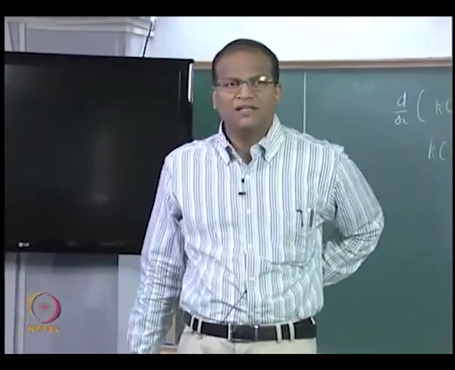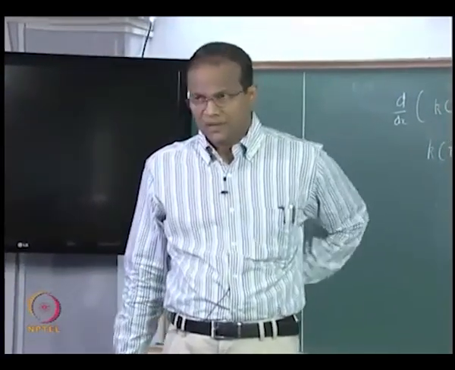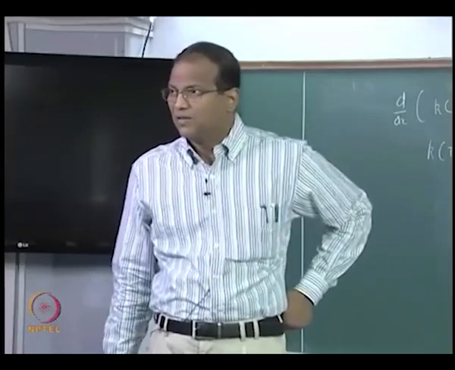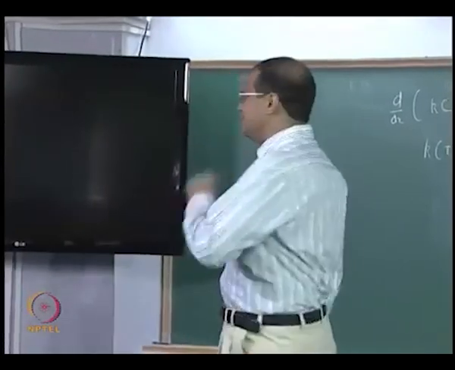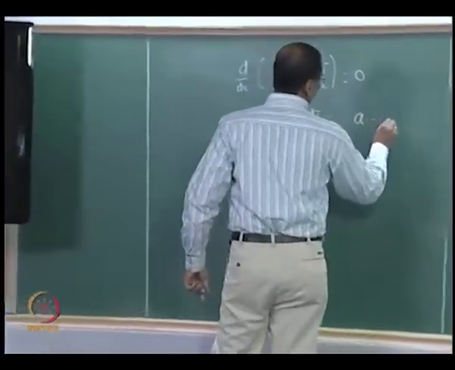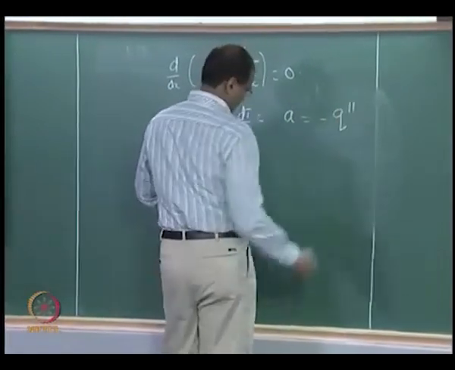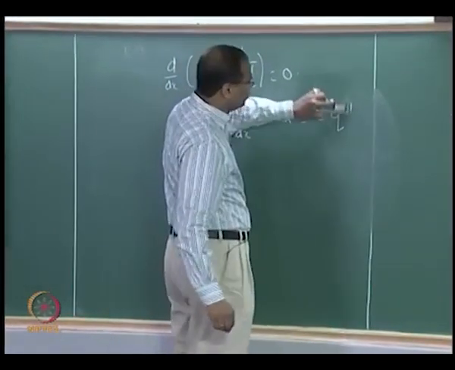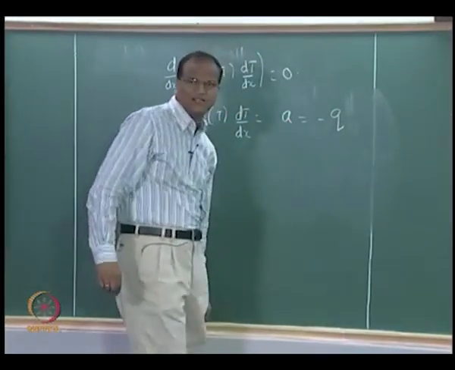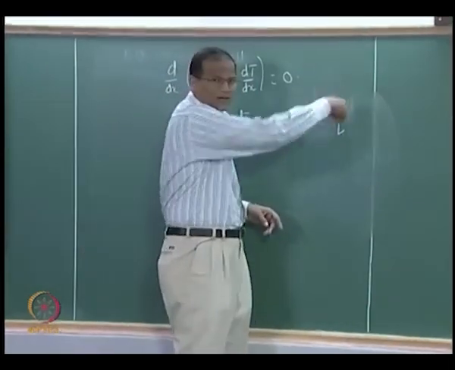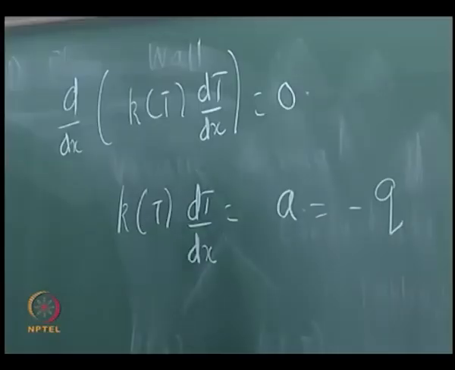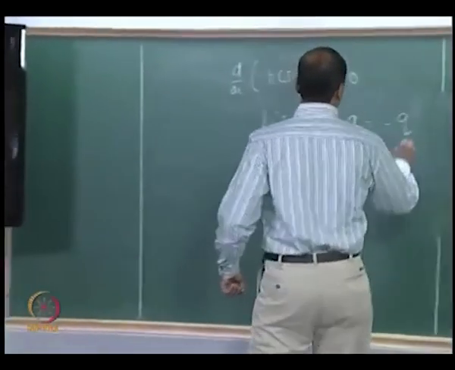What is k dT by dx? Minus of heat flux, correct. I would like to use q itself, and q V for volumetric heat generation rate. Suppose you do not like it, put the double prime so that you are sure that it is watts per meter square. Let us keep it like this.